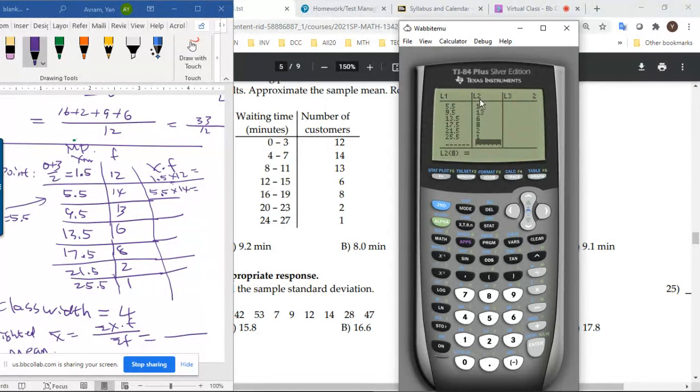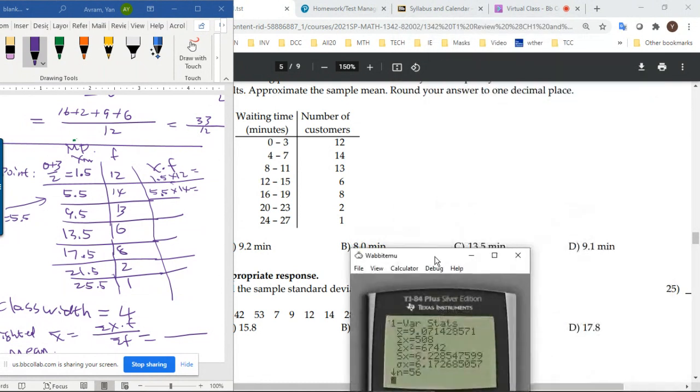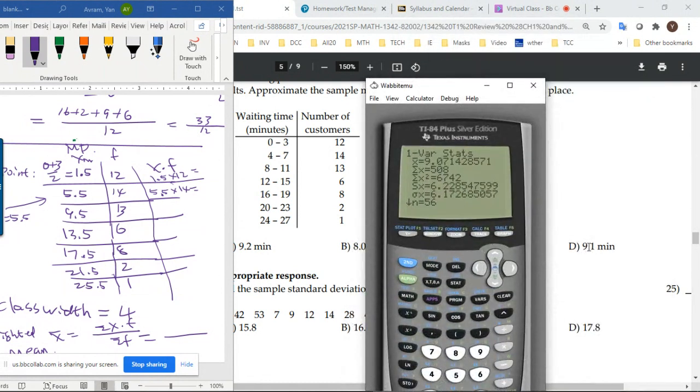If you input this into L1, L2, then we're gonna come to find it using one-variable stat, and then we're gonna input L1. Second one is L1, comma, second two will be L2, and then we hit enter. And if we hit enter here, this will be the weighted mean in here, 9.07. Okay, and then if you round to one decimal point, it will be 9.1.